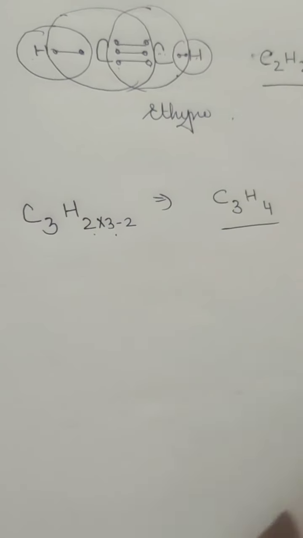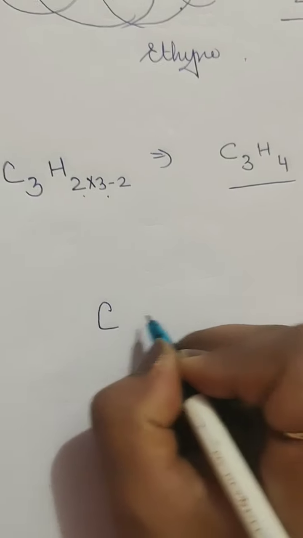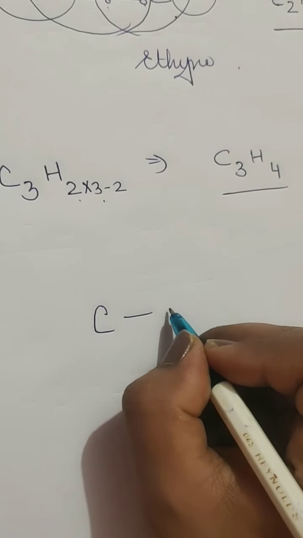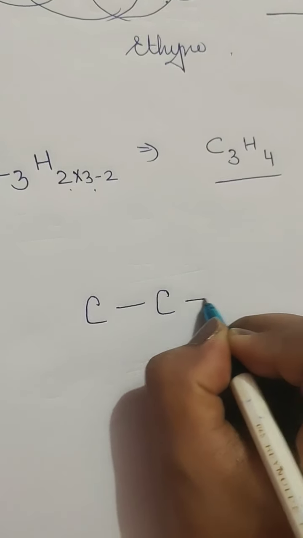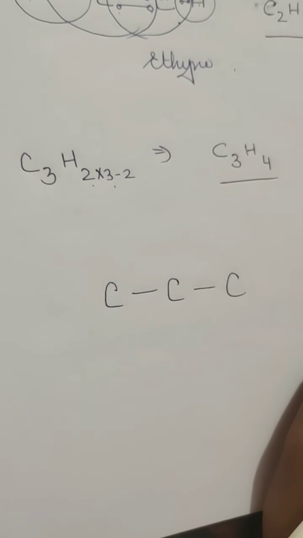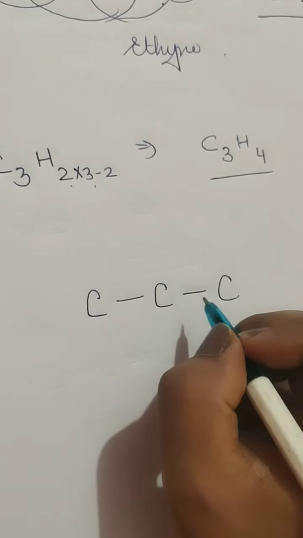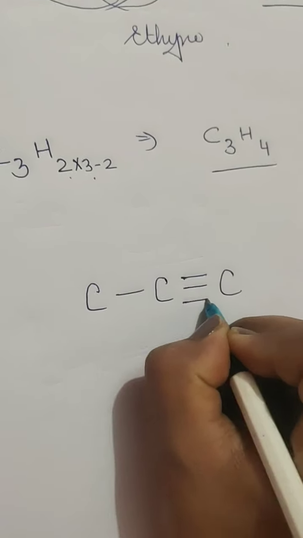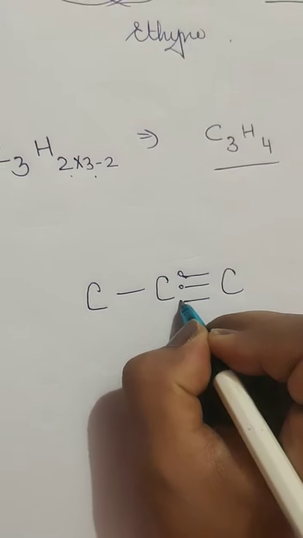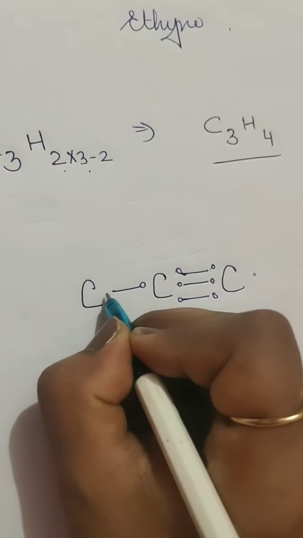Okay, so this propyne, if we expand this, I've told you that if there is a double bond, it does not mean that all the carbons will have a double bond, and when there is a triple bond, it does not mean all the carbons will have a triple bond. Say the triple bond is here. If we write it like this, 3 carbon atoms and 1 is vacant, so it is using this.